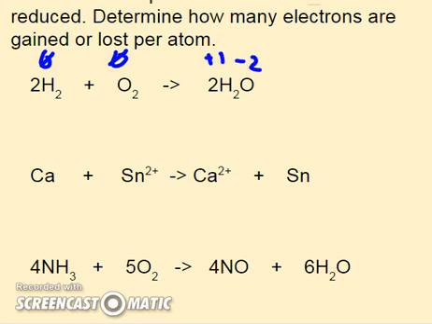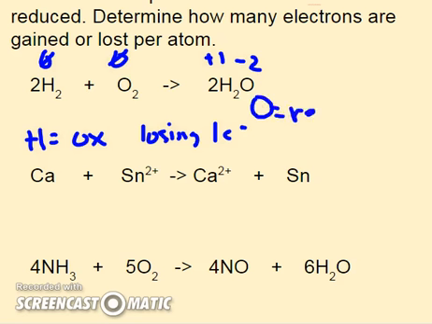Oxygen is going to be a -2. So hydrogen is oxidized, and each hydrogen is losing 1 electron, whereas oxygen is being reduced and each oxygen is gaining 2 electrons.